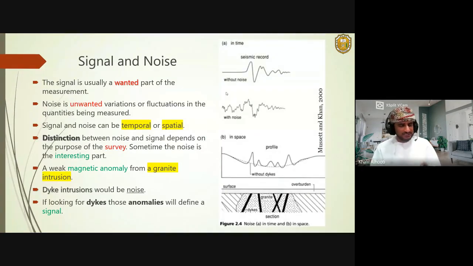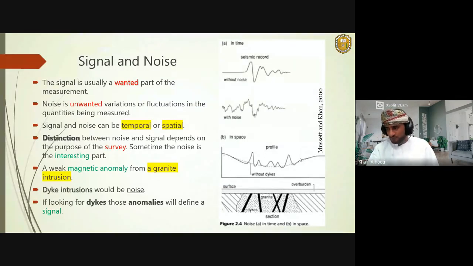And how we distinguish what is exactly the signal and what's the noise, what I'm interested in, what I want to record, what I want to consider as the signal, depends on your objective, on the survey type you are doing. So for example, we have a case study here.